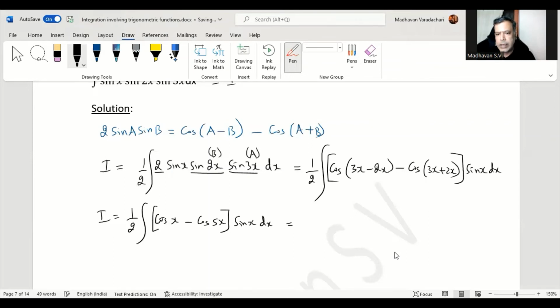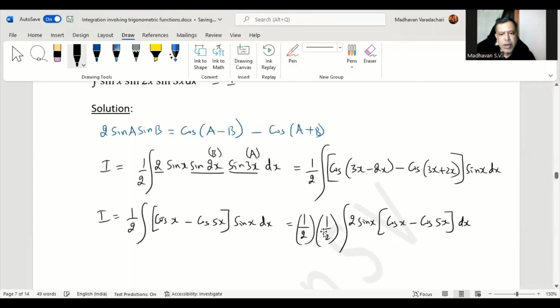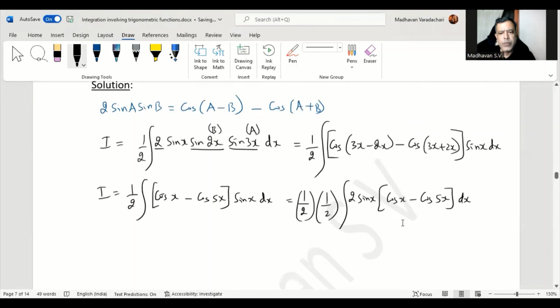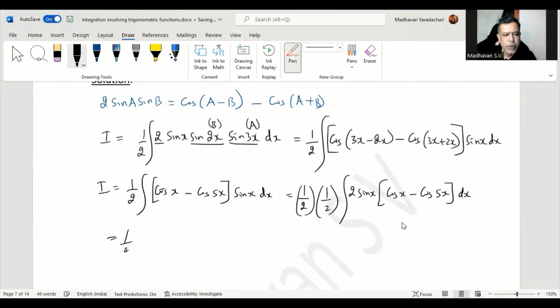Now, again, we will bring in one more 1 by 2 outside, so that I can bring in 2 times sin x times cos x minus cos 5x dx. So what we did is we multiplied and divided by 2 again. So this becomes 1 by 4 times the integral of 2 sin x times cos x minus cos 5x dx.